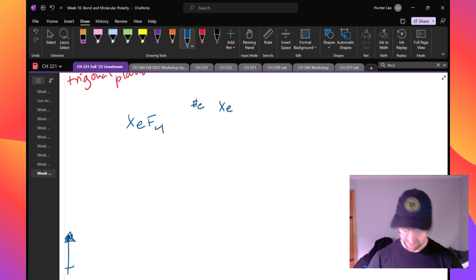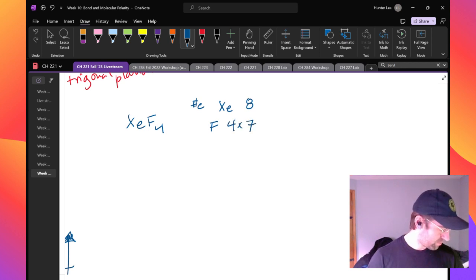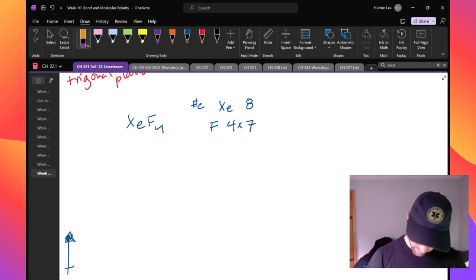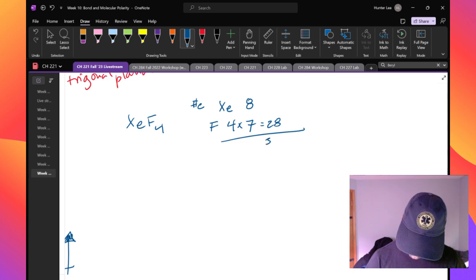Xenon is a noble gas. It has 8 valence electrons. Fluorine, we've got 4 of them. Each has 7. Gives us 36 total to account for.